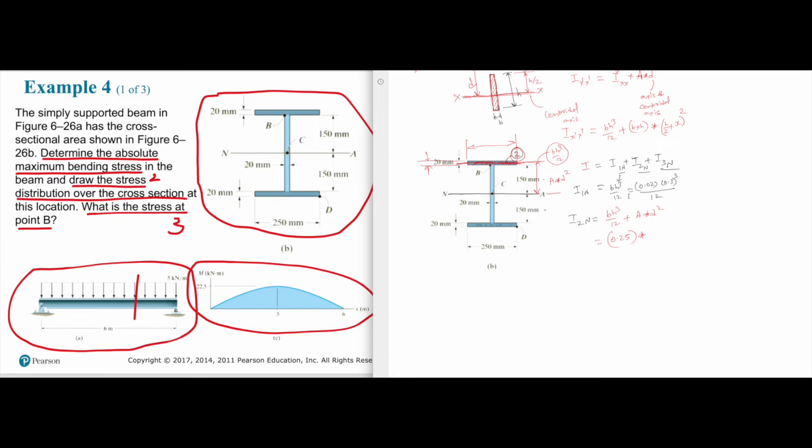So it's going to be 0.02 cube over 12 plus what is the area of the element? Isn't it 0.02 times 250? 250 is 0.25, right?